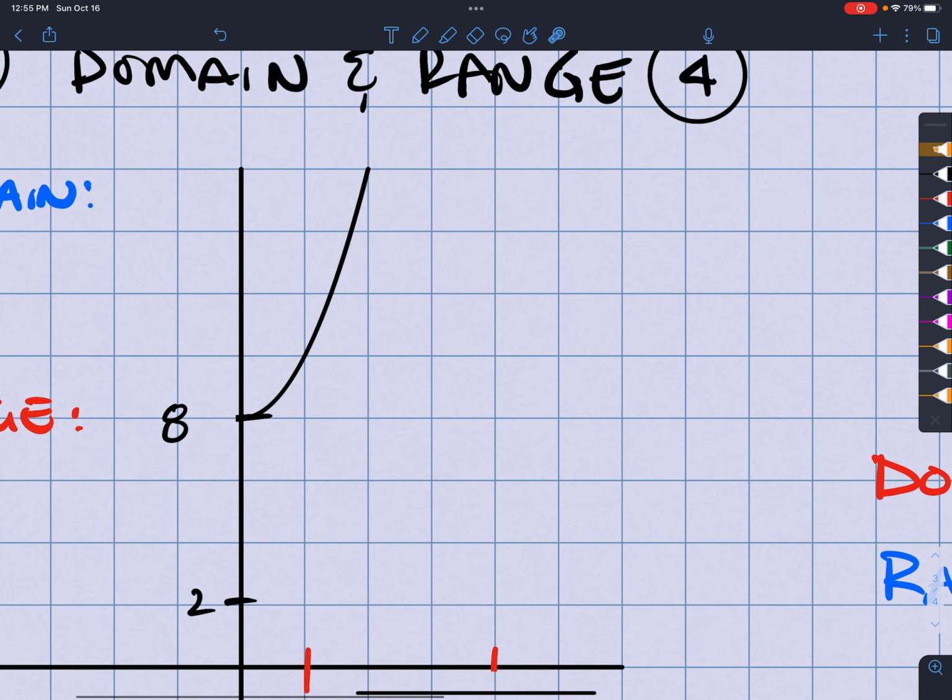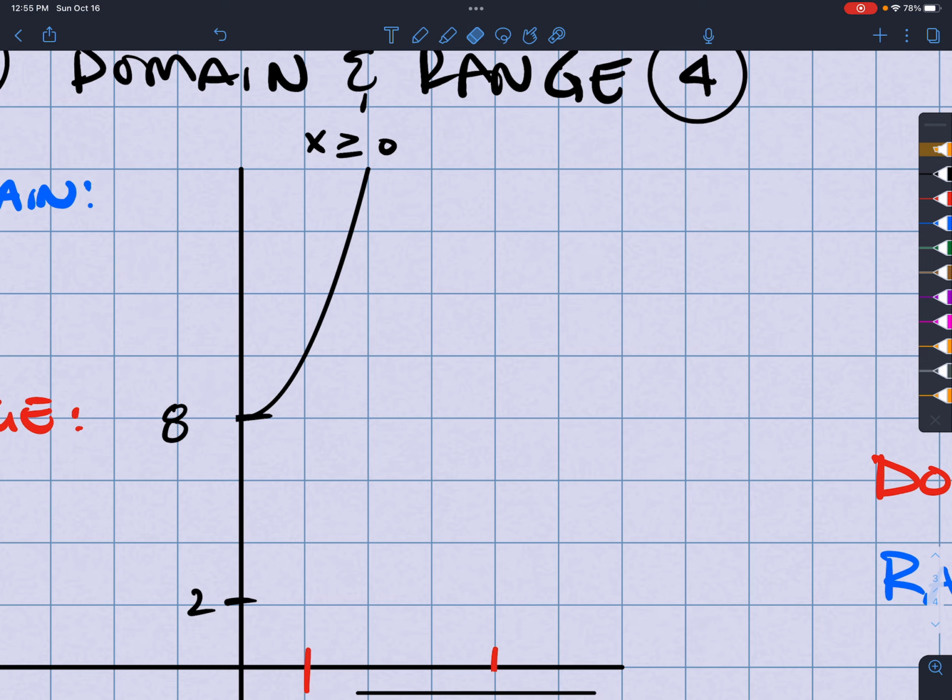So it's only going to be this part. This part over here got cut off because of the x greater than or equal to 0.